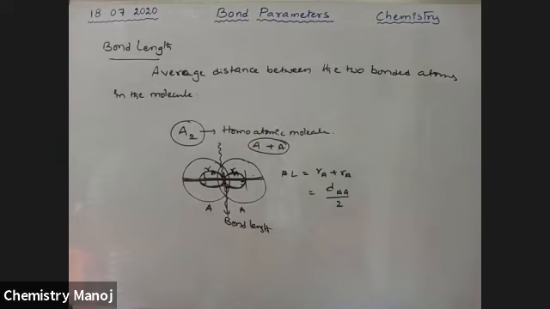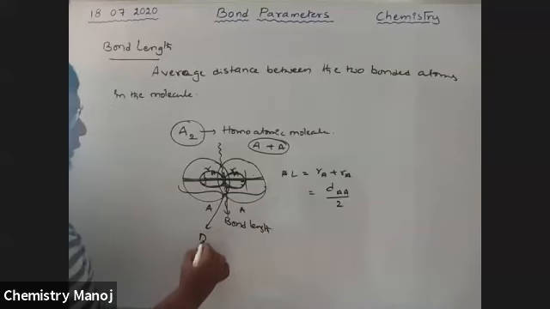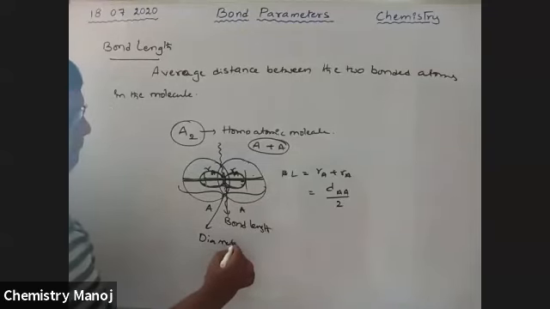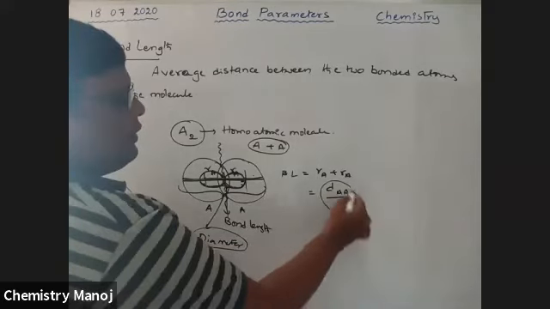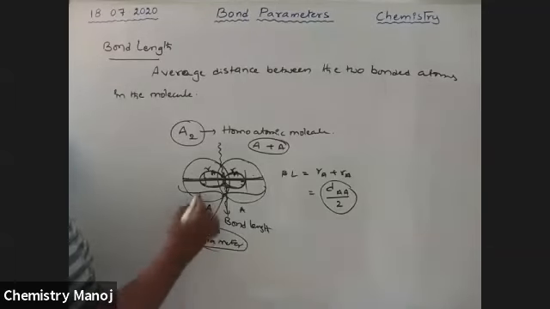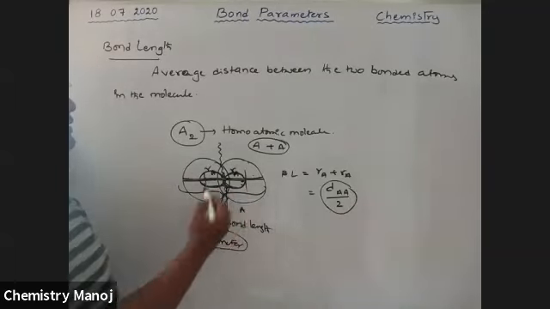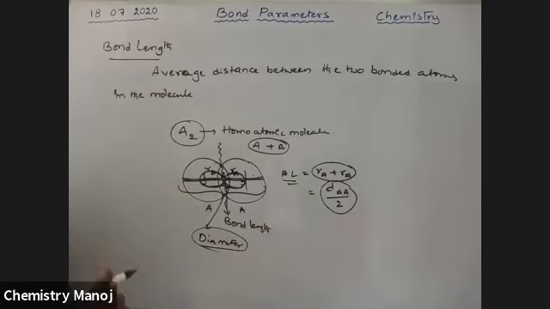If the diameter is given to you, half of the diameter is the radius, so that is the bond length. If the radii are given, radius of first element plus radius of second element is equal to bond length. So these are the two formulas used for calculation of bond length.